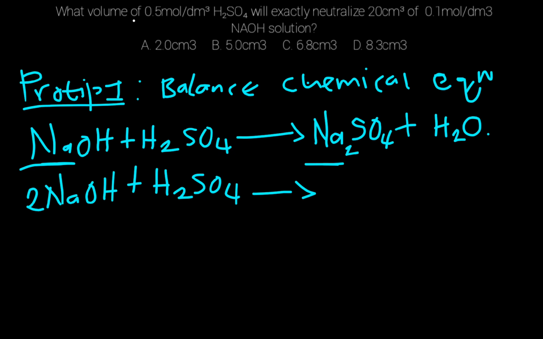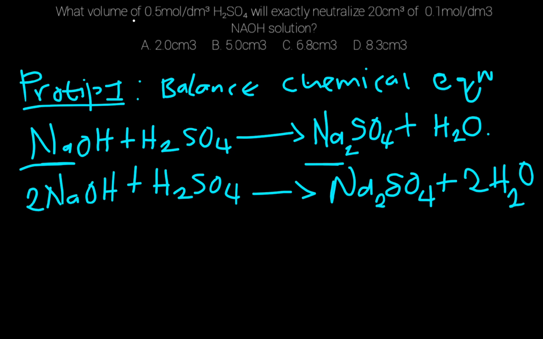This gives us Na2SO4 plus we would introduce 2 here, 2H2O, and now we have a balanced equation.